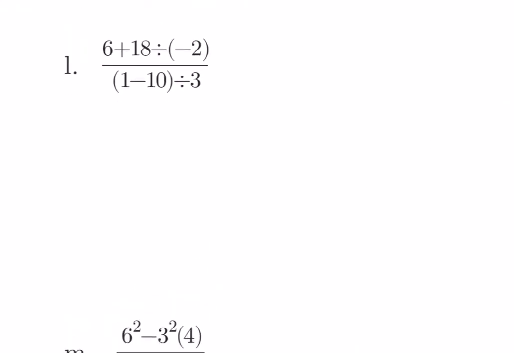All right, let's come over to example L. Now, if you are not comfortable with going back and forth, then you can also just do each one separately. So let's just work on the numerator first.